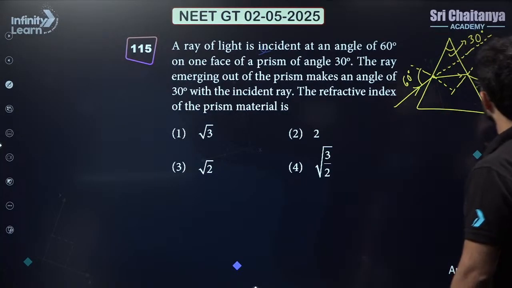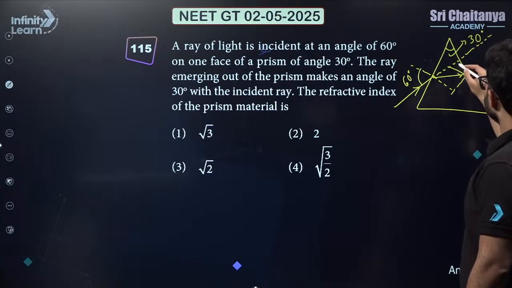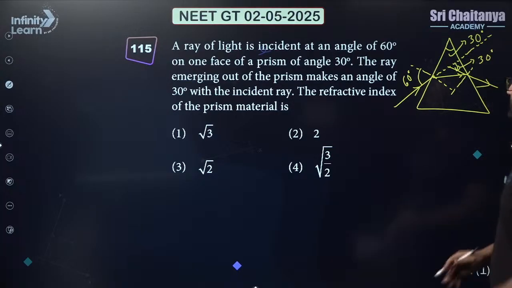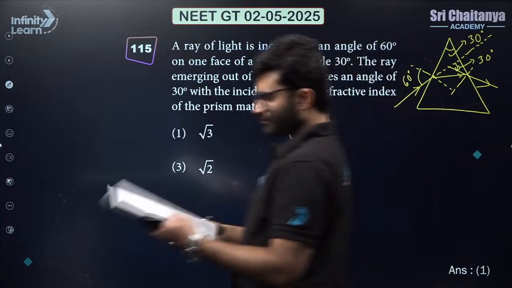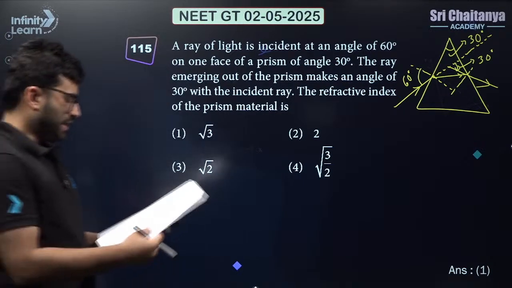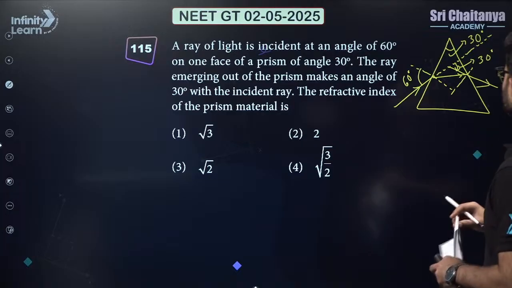Right? So this is the thing. And if I make it back here, this angle they are saying that angle is 30 degree. I think this is what they are saying. So this angle has to be 30 degree.